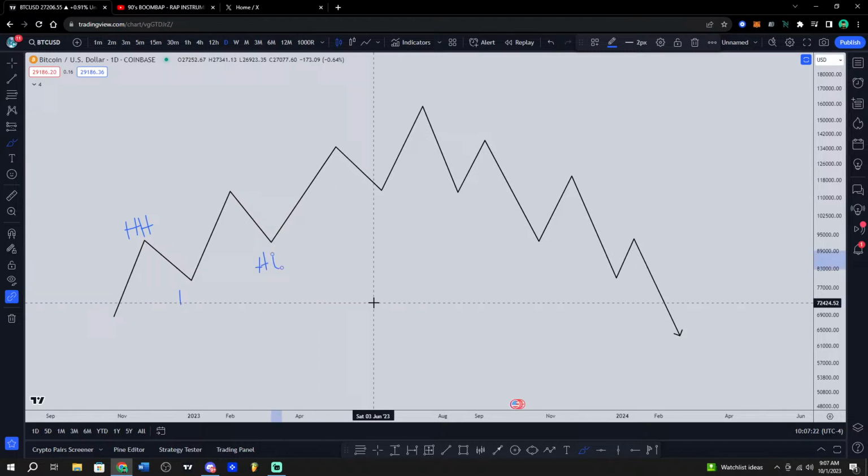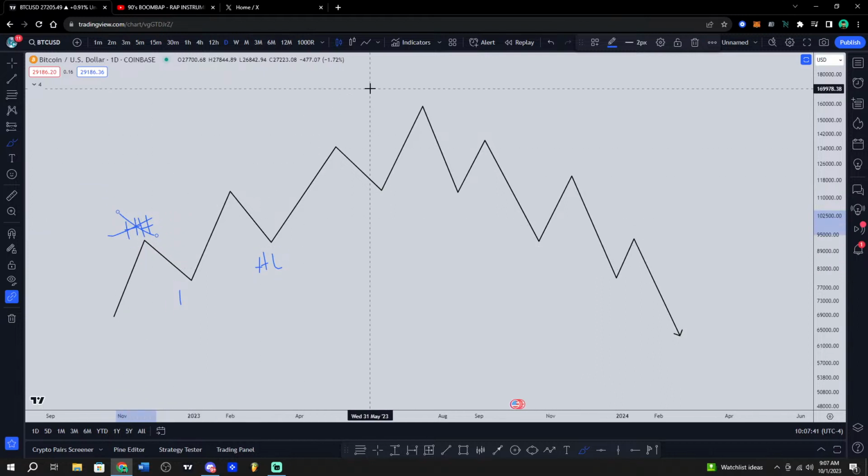All right, so higher highs. A higher high occurs when the latest peak in the price chart is higher than the previous high.